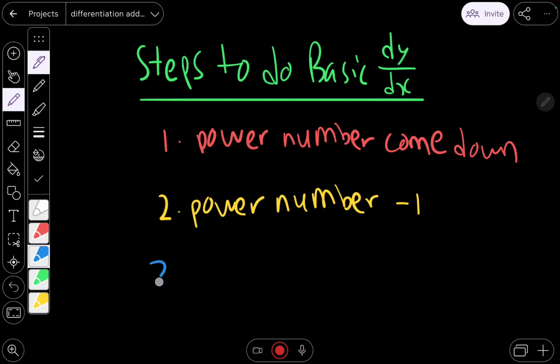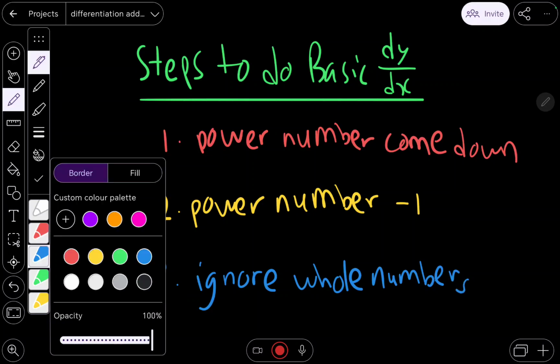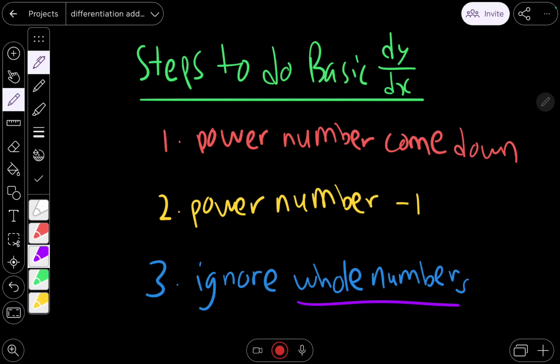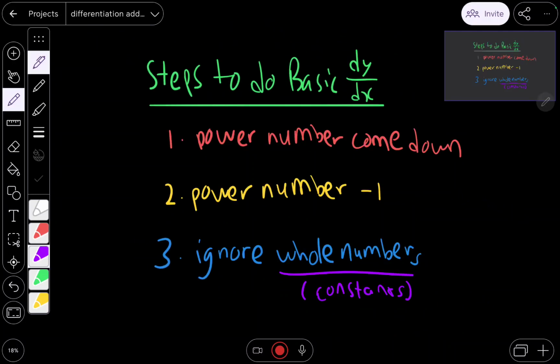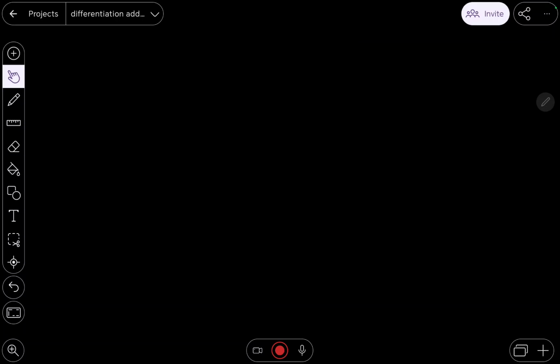And the third step is to ignore your whole numbers, or we call them constants. So these are the 3 steps when you are doing basic differentiation questions. And now we will look into questions on basic differentiation.